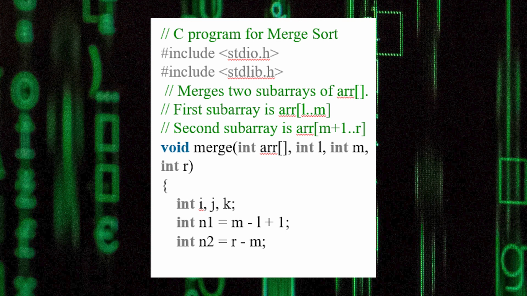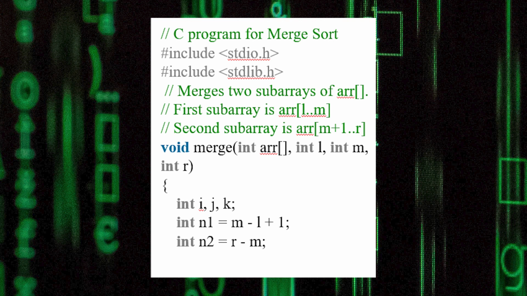Here we have defined the integers i, j, k. 3 variables are defined, where n1 is equal to m minus l plus 1, and int n2 is equal to r minus m.